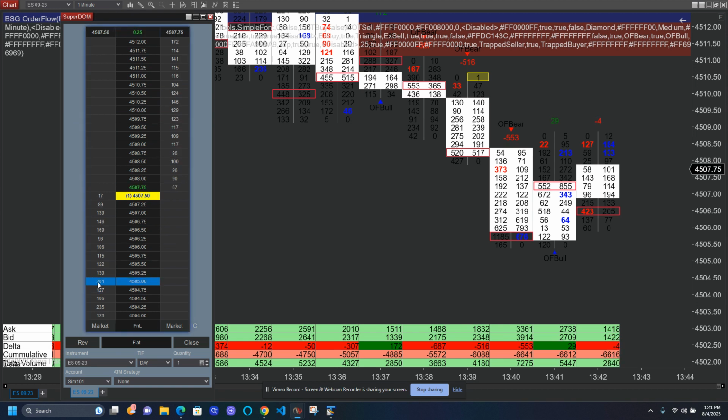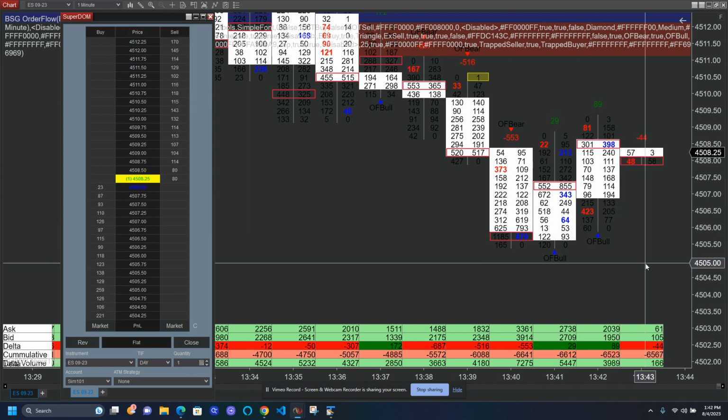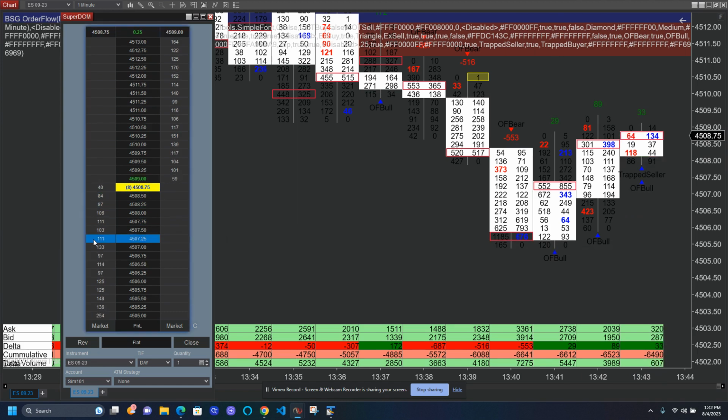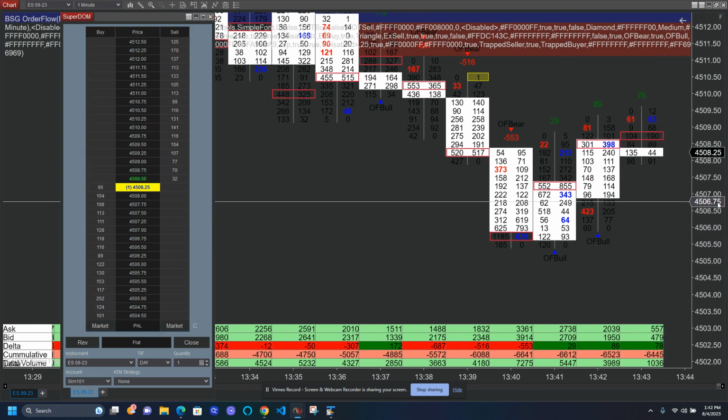See that, 261, 235, more liquidity. Look here, there's no liquidity. It's all just normal numbers, average in hundreds. Look at the liquidity here, 260. There's not much liquidity here. It's way down for 4505.